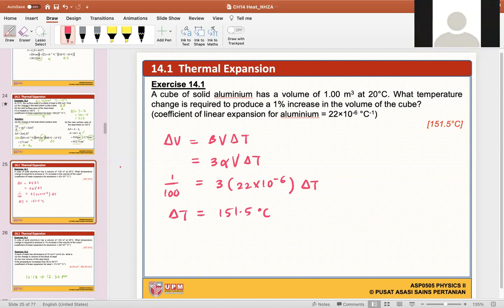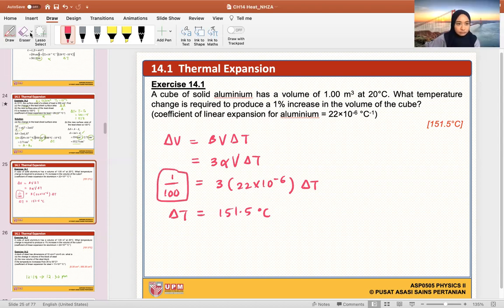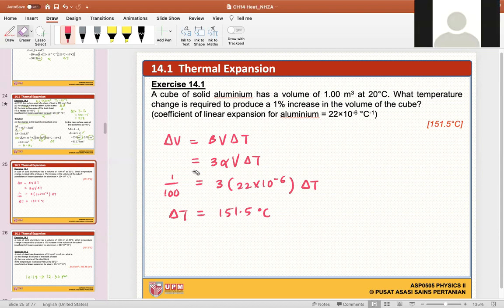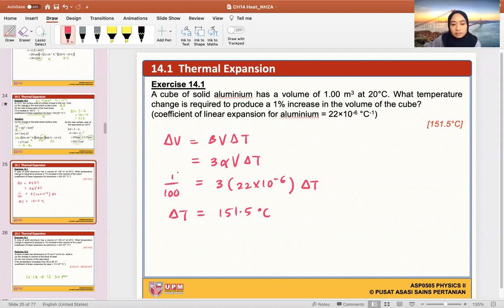Okay, kenapa awak decide 1/100 ni? Sebab 1% saya jadikan 1/100. Okay, so yang ni persen. What is delta V?